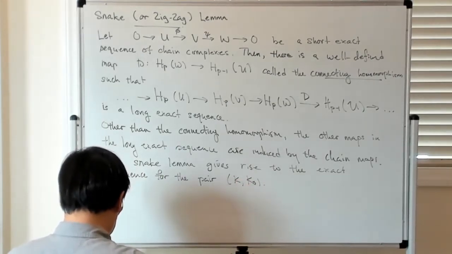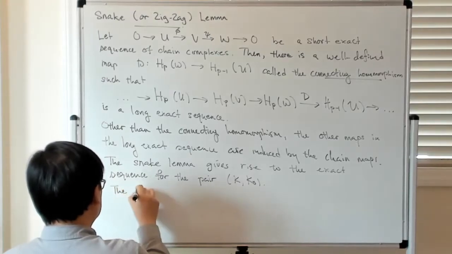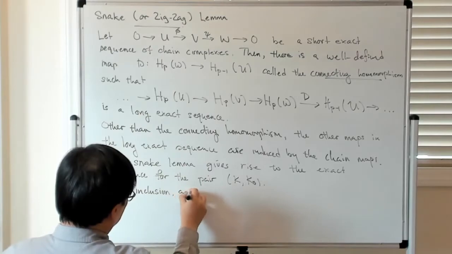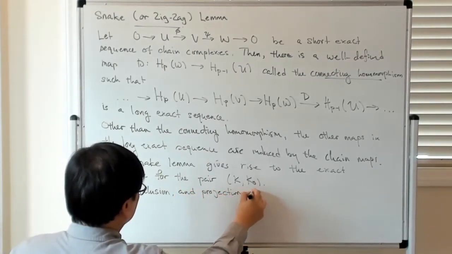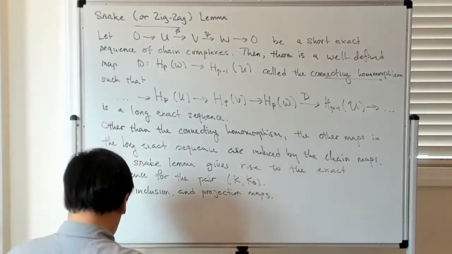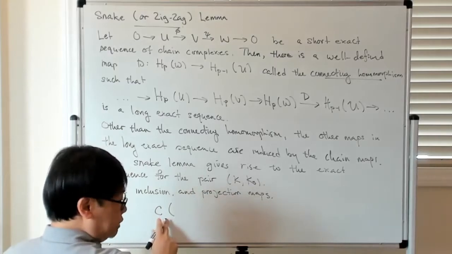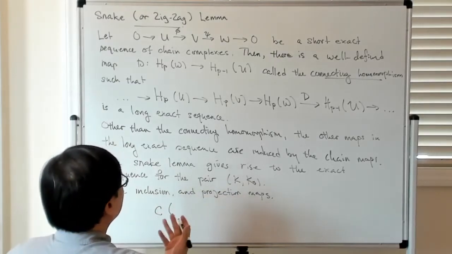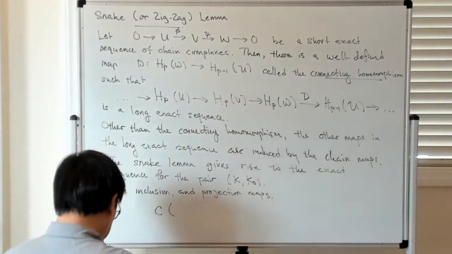It's because the inclusion and projection maps, I'm going to omit the dimension here, give you a short exact sequence of chain complexes.